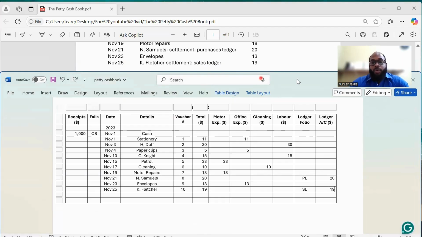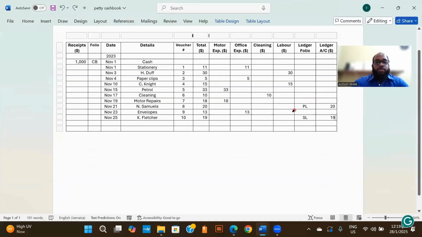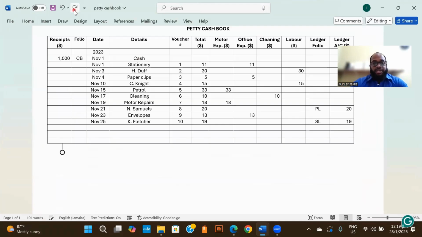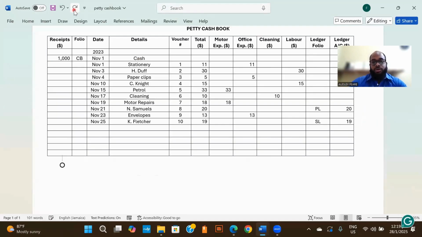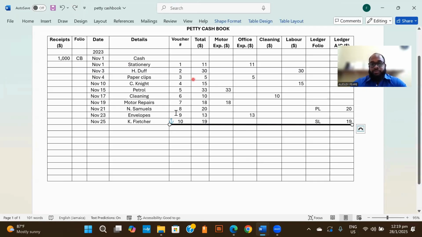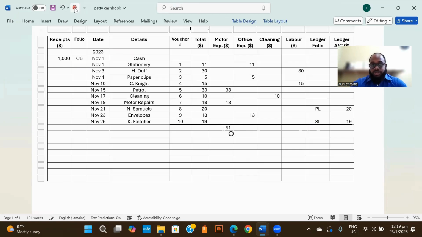All right. So now what we have to do is to bring up the totals. We need to total our thing. All right. So I'm putting more columns and rows. So we put our total line right across there, as you can see, and then we compute our totals. So for motor expenses, it's 51, office expenses, 29, cleaning 10, labor 45.